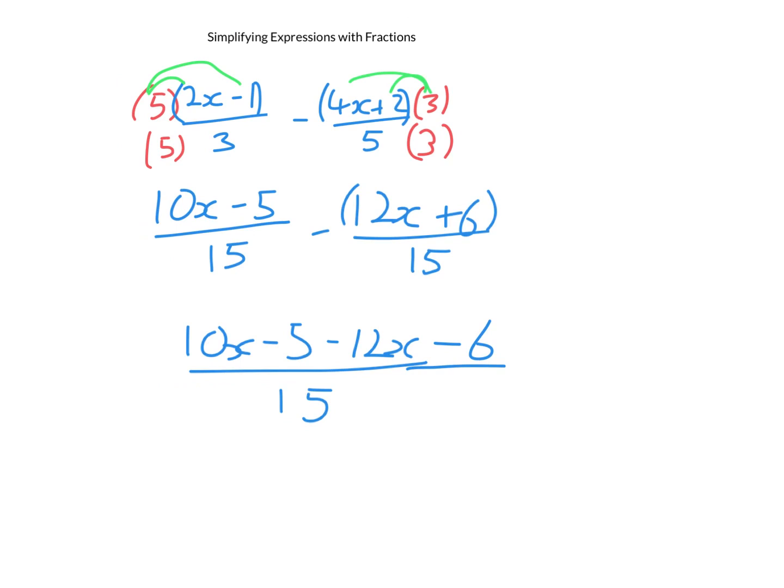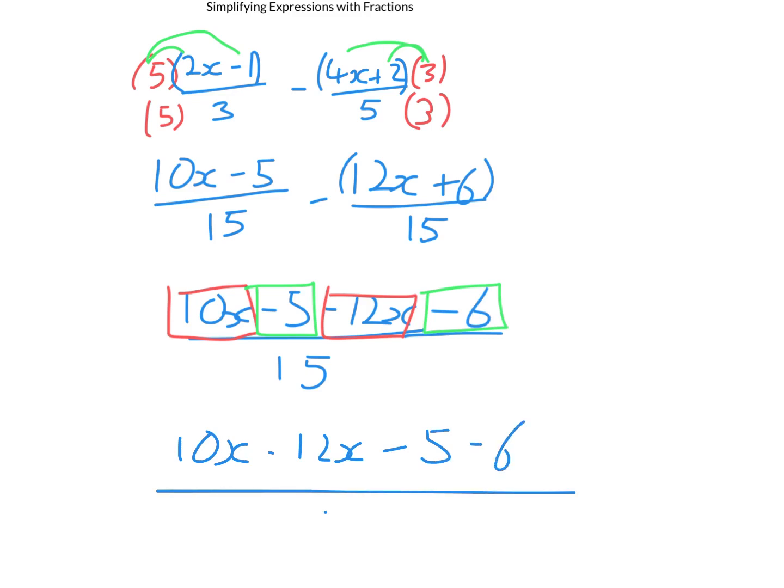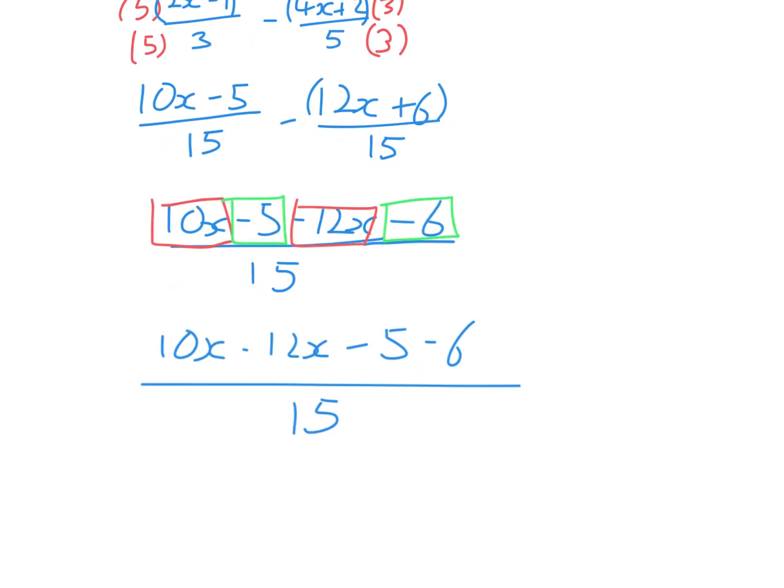Now, hopefully remember that our x terms can add with other x terms or subtract, and our normal terms or constants can add and subtract with the other constants. So let's simplify this. 10x - 12x, they're going to go together, and -5 - 6 are going to go together, and it's still all over 15.